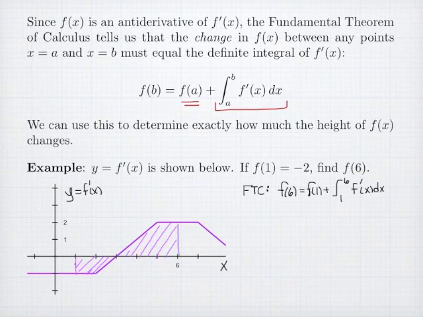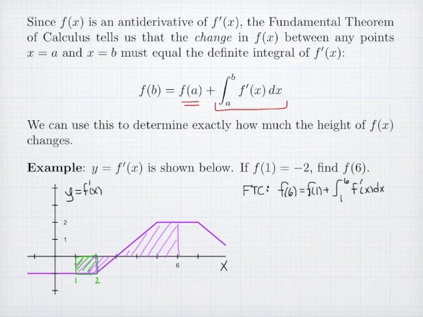of this region. Now, the way that my function f prime is illustrated, I can see that there are basic geometric shapes. So for example, in this first region between 1 and 2, I have a single square.